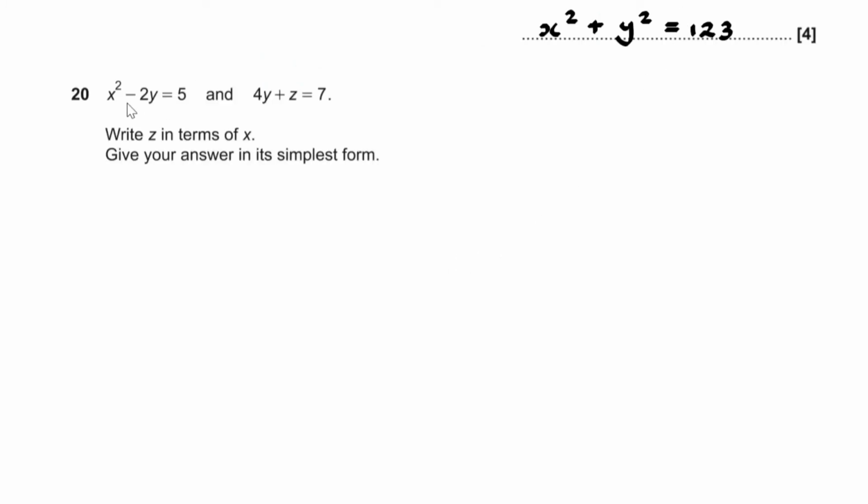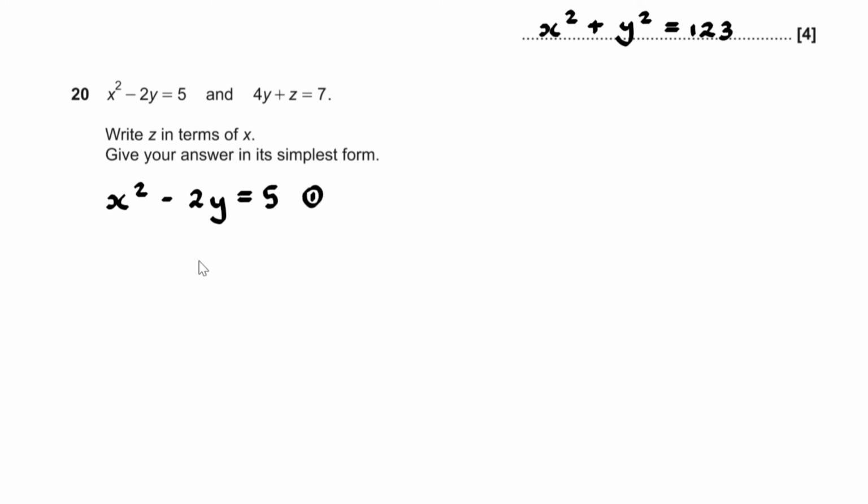Question number 20. x squared subtract 2y is equal to 5 and 4y plus z is equal to 7. We have to write z in terms of x in its simplest form. Well, we've got x squared subtract 2y equals 5.